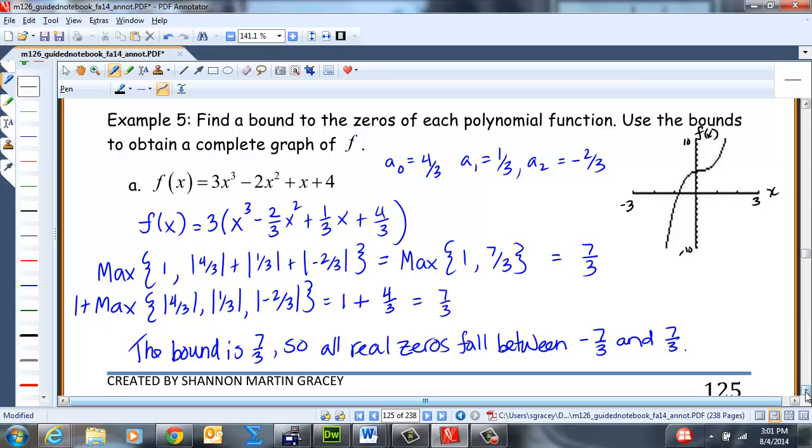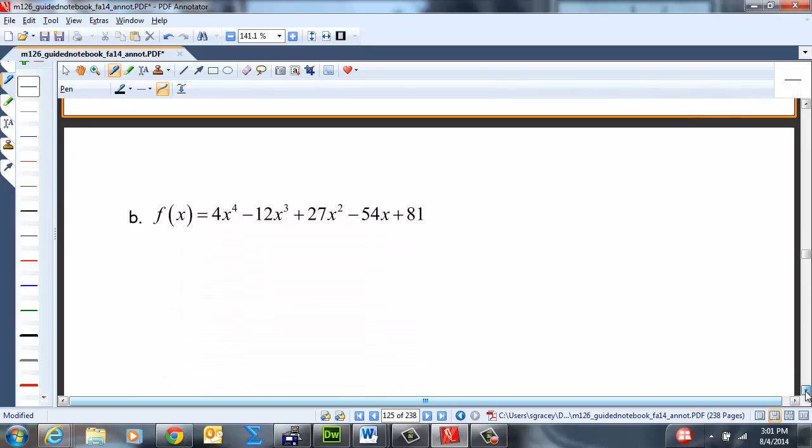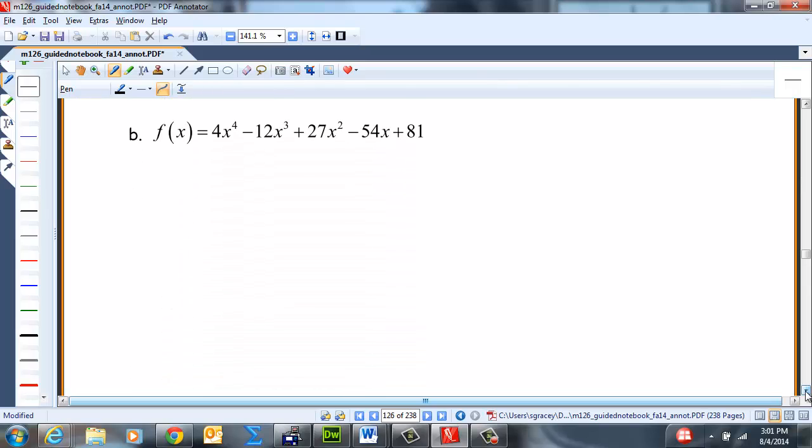All right, so part B. So again, we do not have a coefficient of 1 in front of the leading term, as the coefficient of the leading term is 4. So that is not 1. So we have to factor out a 4.